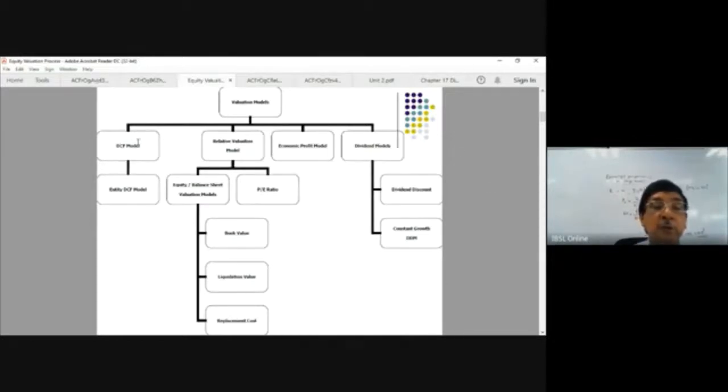Now here the models are given in a shortened form. DCF is discounted cash flow model, relative valuation model, economic profit model, dividend models. Now dividend models, you have dividend discount model, constant growth dividend discount model. And there's another way of doing valuation through the equity and balance sheet valuations and PE ratios.